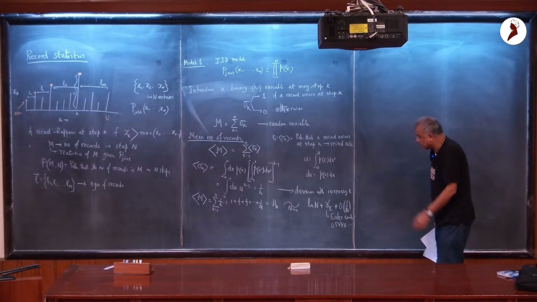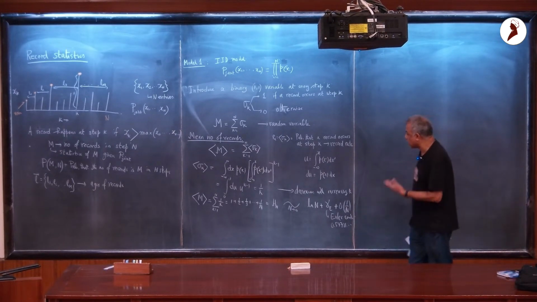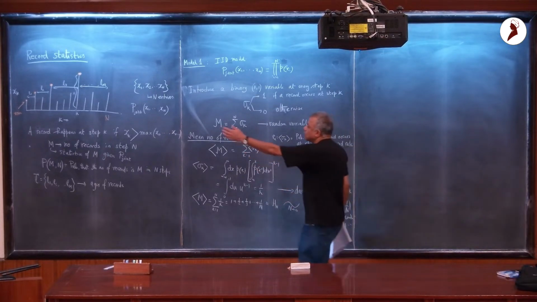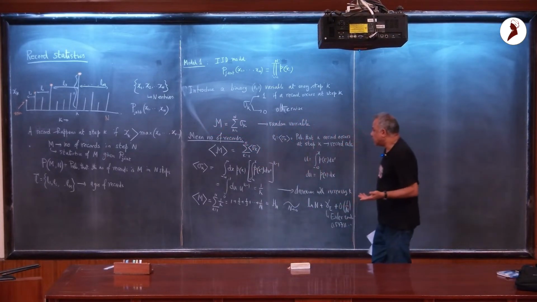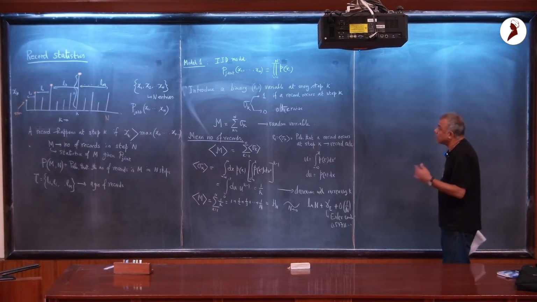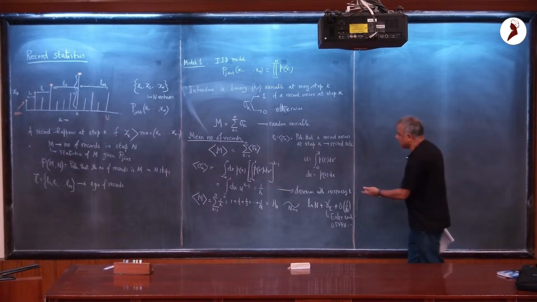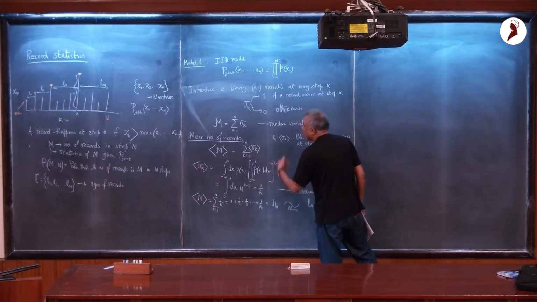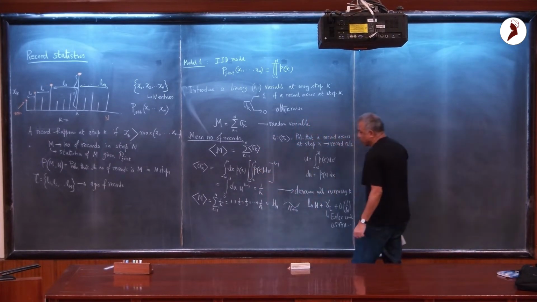So this says that the number of records actually increases very slowly with n. So you go up to a very, very long sequence. Number of records, of course, you expect it to increase, but it increases very, very slowly, as log n. And that is because it gets increasingly harder and harder to break the record.